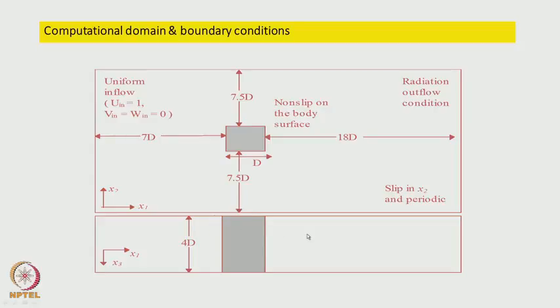Such a boundary condition is called periodic boundary condition. So, you observe here, if a problem is defined, there is a need to specify optimally the domain extent in all the directions and the boundary conditions at all the boundary locations.